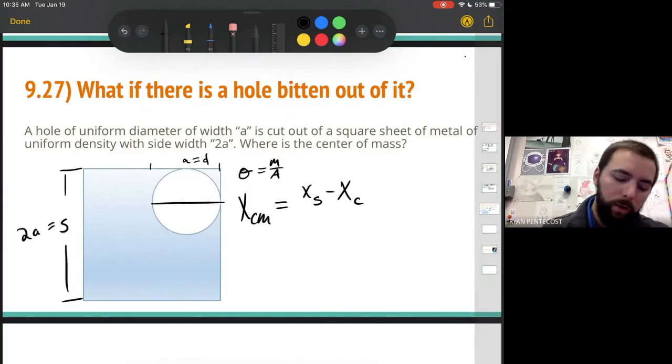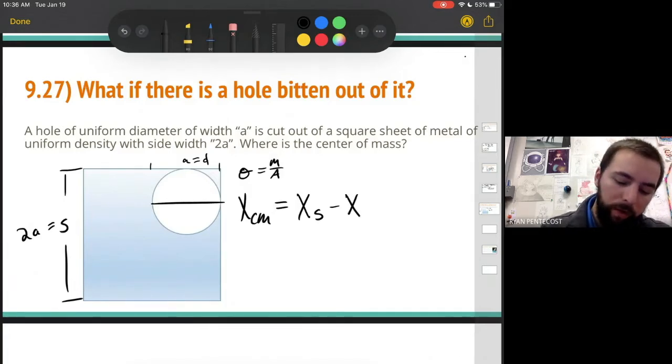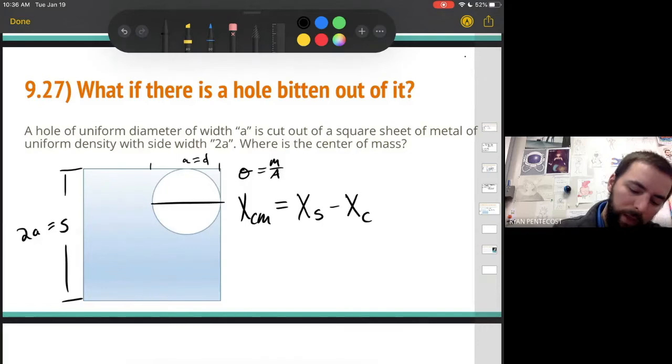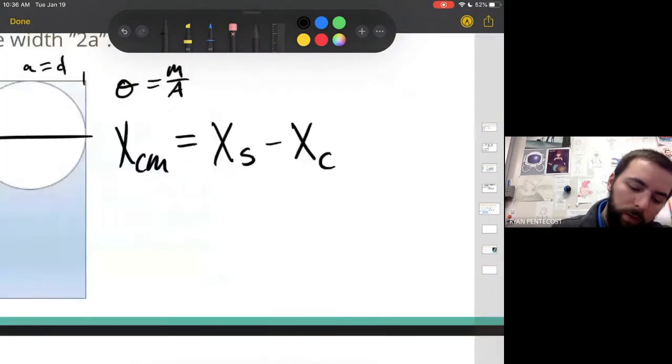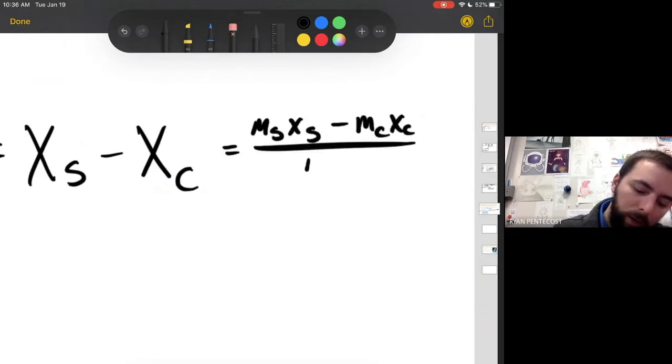We're going to do the math as if the circle is not there, find the center of mass of the square, and then subtract the center of mass of the circle, just take out that piece and then figure out where it's going to go from there. So this is going to look like this: the mass of the square times x of the square, minus the mass of the circle times x of the circle, divided by the mass of the square minus the mass of the circle.